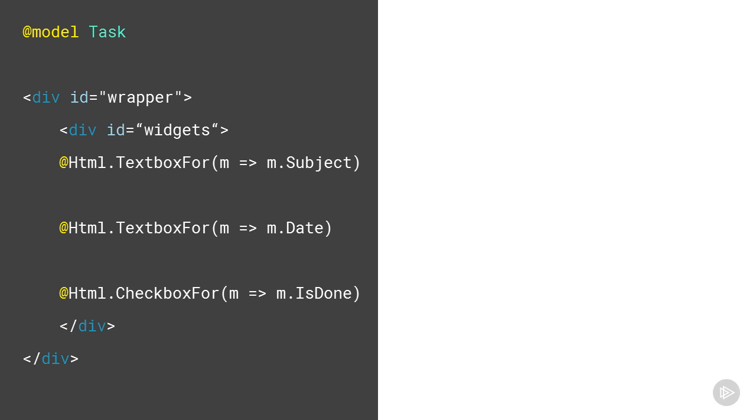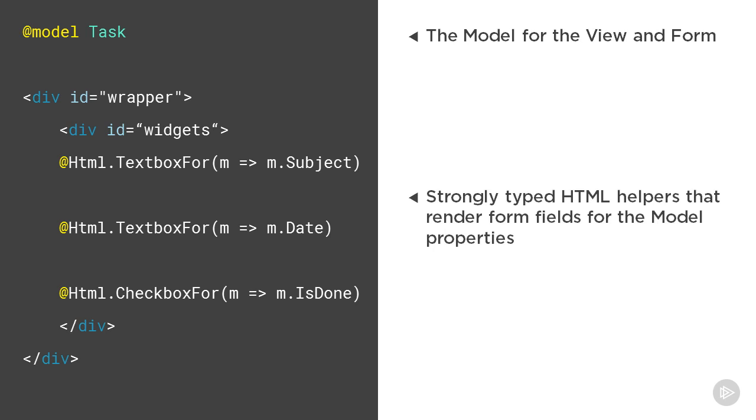HTML forms in MVC are often backed by a matching data model, which is just a C# class with properties that correspond to the fields of the form. Razor allows you to associate a view with a model at the top of the file, and this is often the model that the form is based on. Declaring a model inside of a view allows for strong typing of its properties inside of Razor helpers.